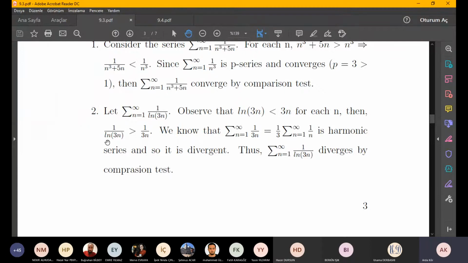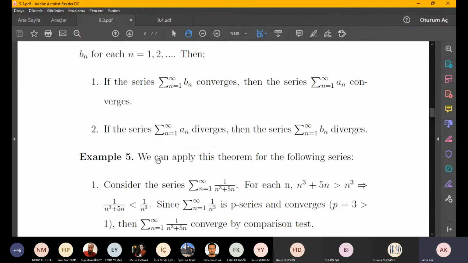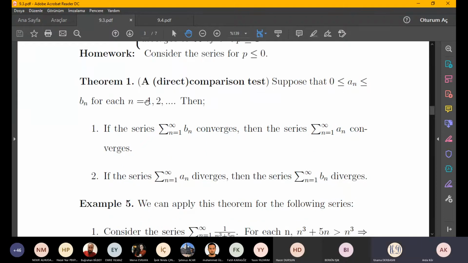That is why, if you have a direct comparison between the general terms of two positively defined series, like here, you have a direct conclusion for divergence for the second example.